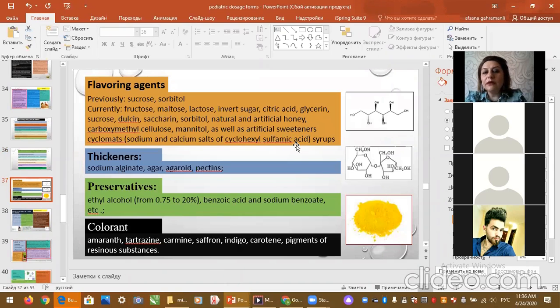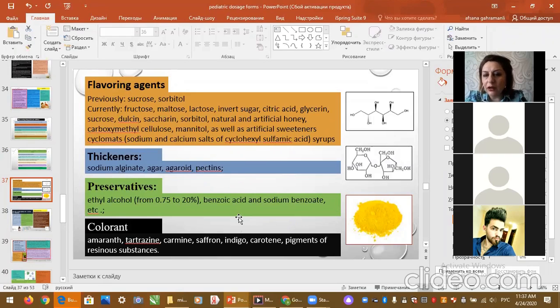Which flavoring agents do we use? Previously, these were sucrose and sorbitol. Currently, fructose, maltose, invert sugar, citric acid, glycerin, sucrose, balsam, saccharin, sorbitol, and others. Thickeners: sodium alginate, agar, agaroid, pectins.